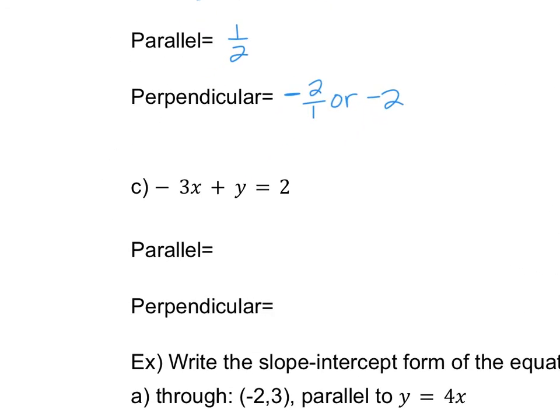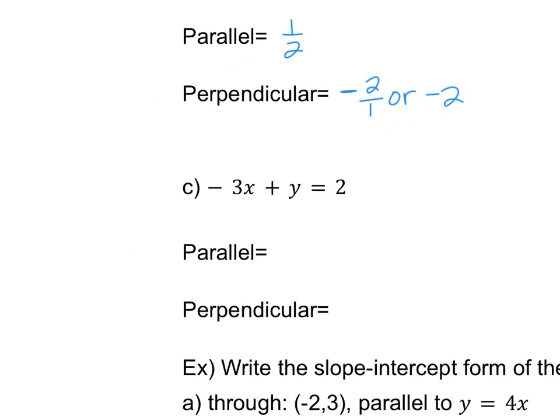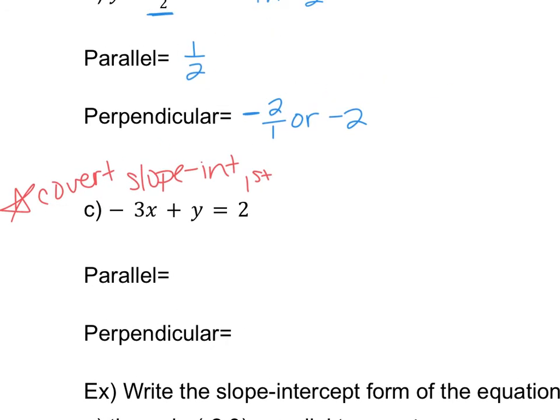Okay, let's do another one. This time this is not in slope-intercept form, so let's convert to slope-intercept first, because we've got to figure out what the slope is. Whenever we do this, we need to add 3x to both sides.